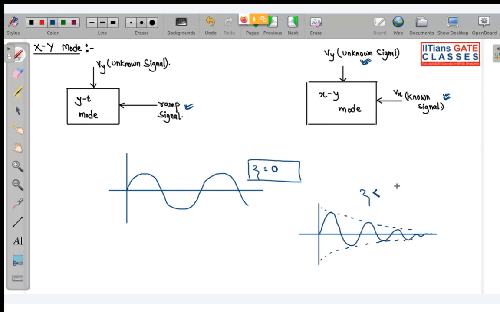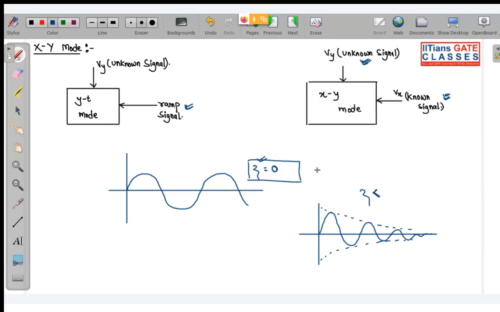Damping ratio, very good. So here basically in XY mode, we take this known signal which has zeta equal to 0, or basically we have over here simple harmonic motion.